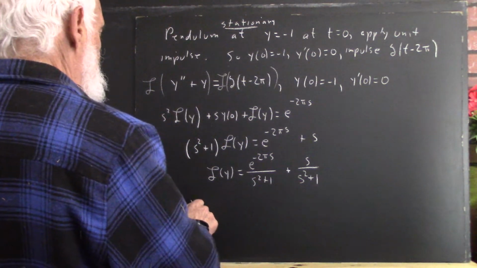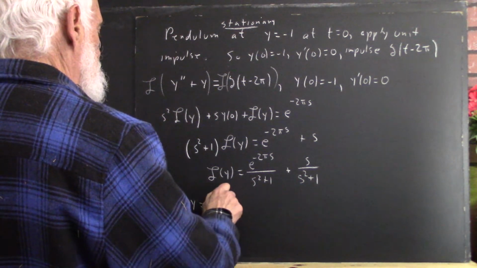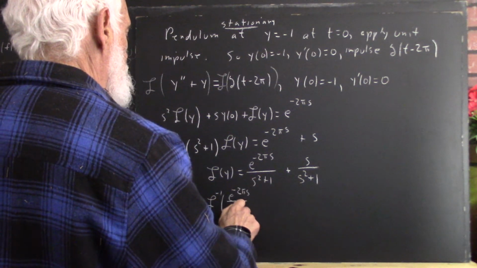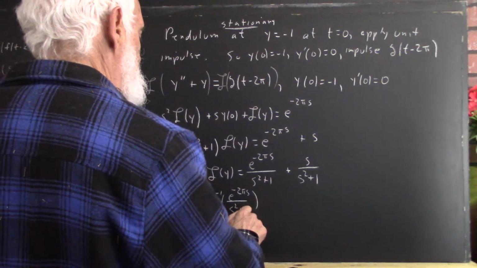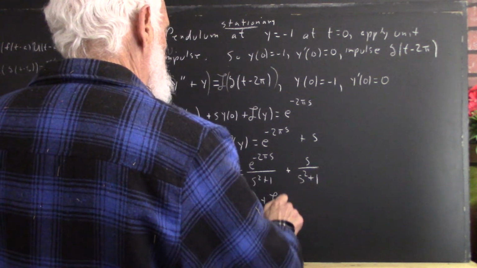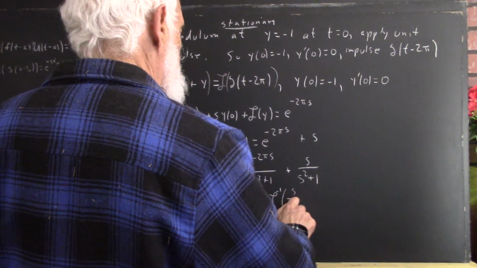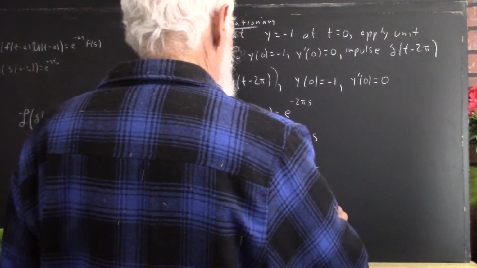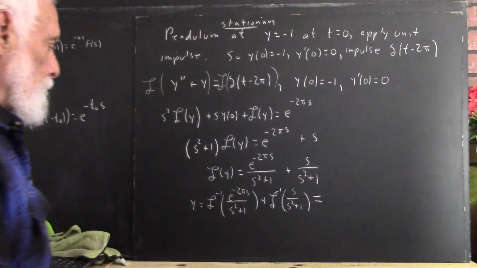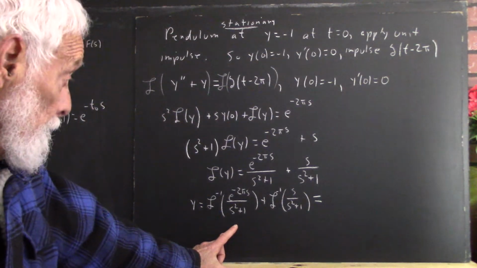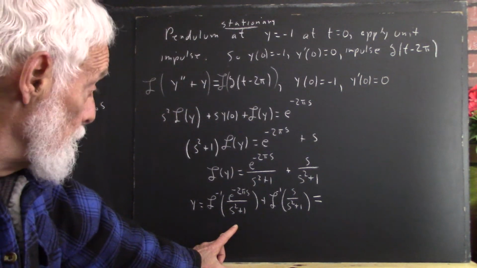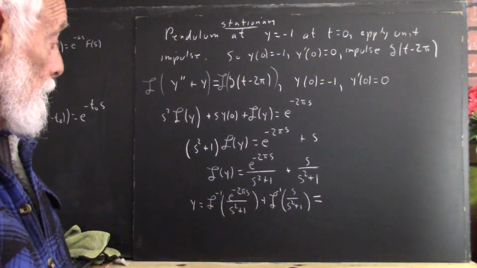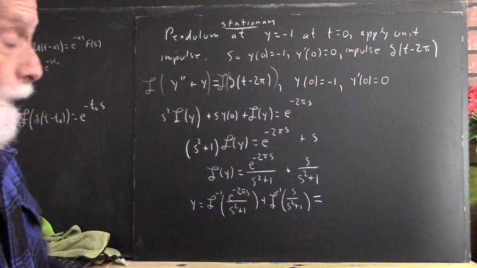So that y equals the inverse transform of e to the -2 pi s over s squared plus 1 plus the inverse transform of s over s squared plus 1. This is just a sine of t, but shifted 2 pi units.